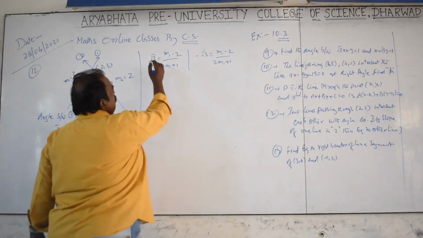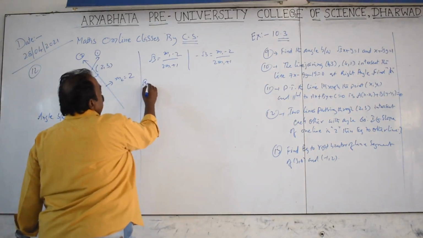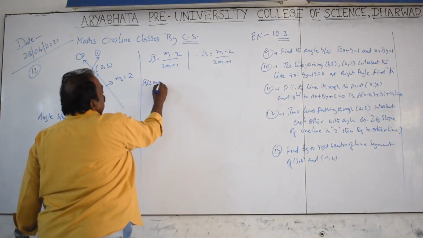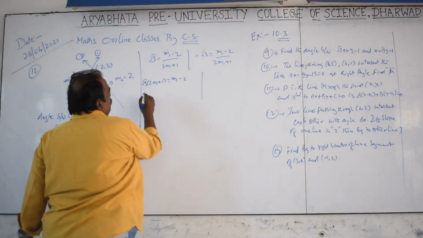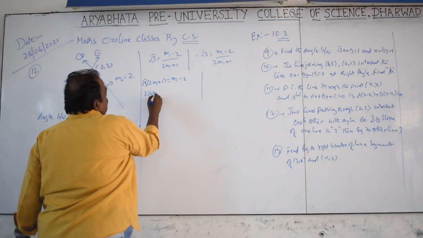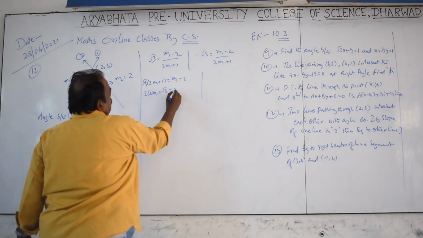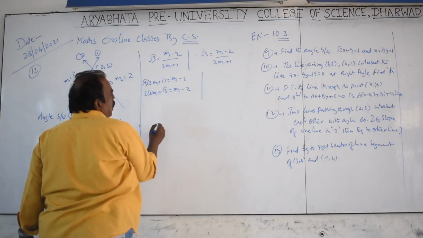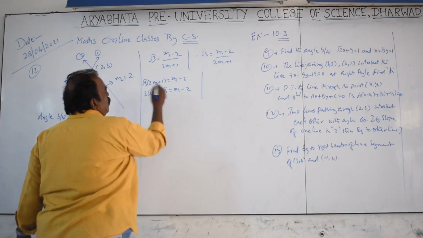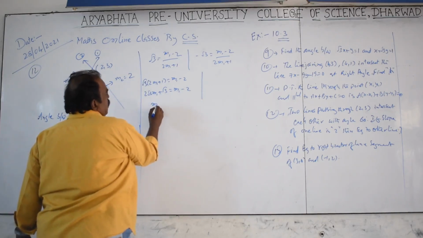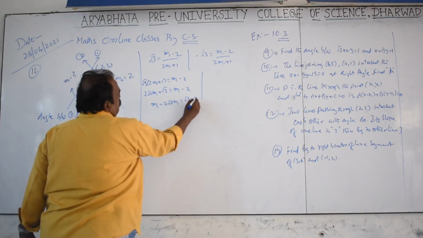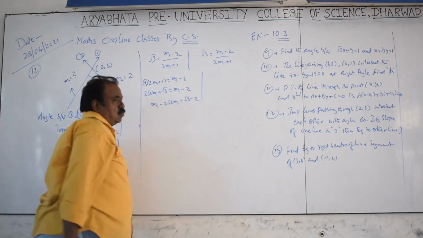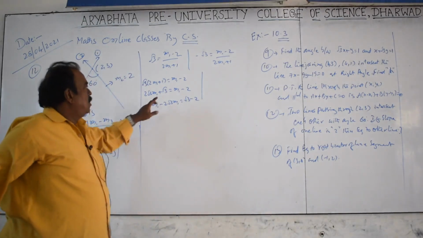Right. You see here, root 3 into (2m1 plus 1) is equal to m1 minus 2. That is 2 root 3 m1 plus root 3 is equal to m1 minus 2. Now you send to this side: m1 minus 2 root 3 m1 is equal to root 3 minus 2. Don't confuse, it is arithmetic.